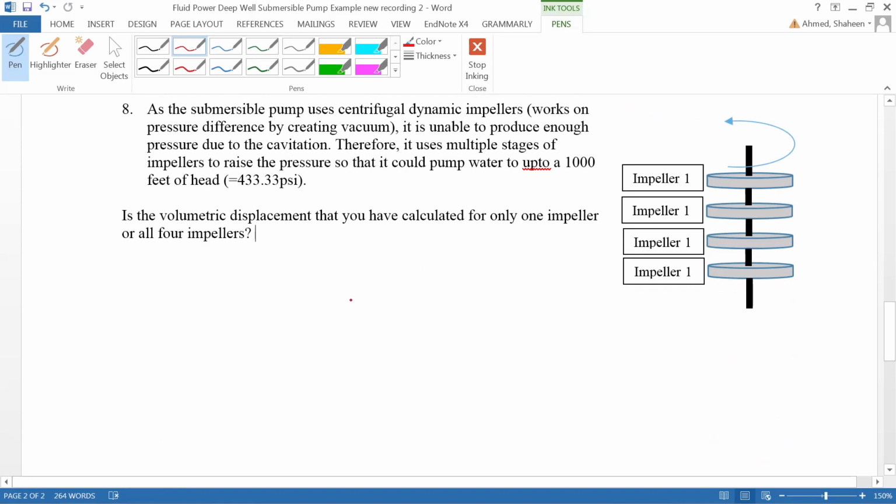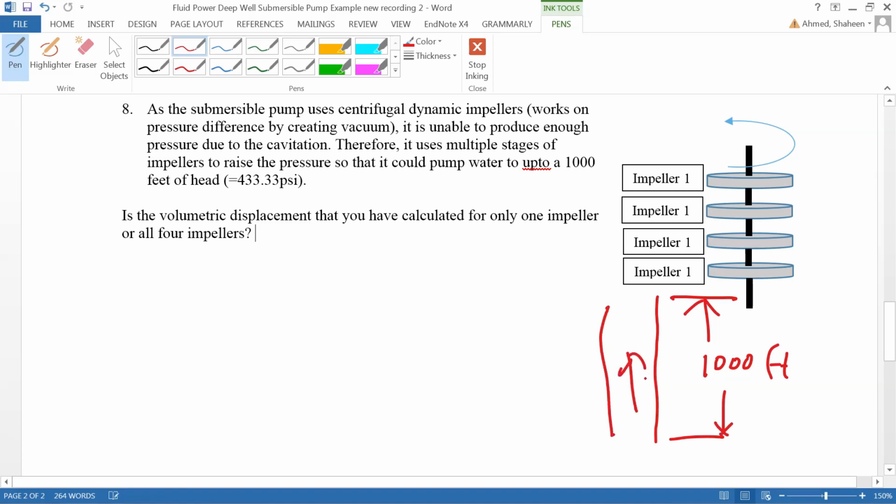Now this question is asking why most submersible pumps use multiple stages, because it's installed all the way down to 1000 feet. It has to develop enough pressure so that it can overcome the frictional losses of the fluid in the pipe wall. So it uses multiple stages of impeller to create that high pressure.